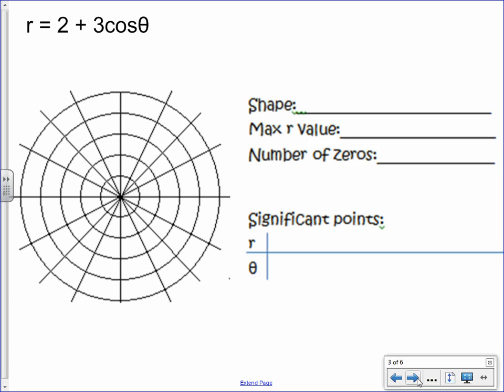All right, so first of all, we know this is a limacon. When you identify the shape, you have to tell me what type. So what type? Okay, A divided by B is 2/3, which is less than 1, correct? So we have a loop.